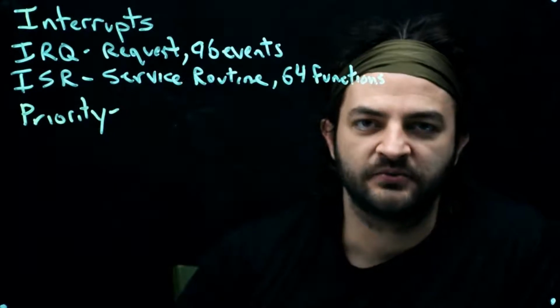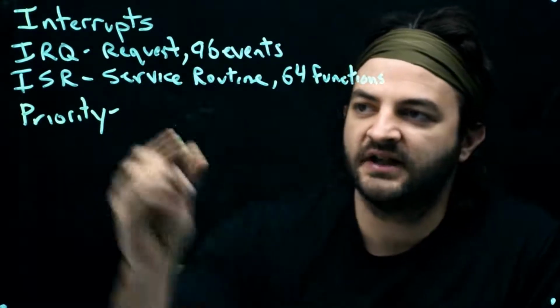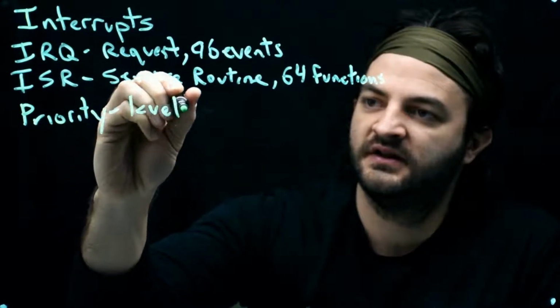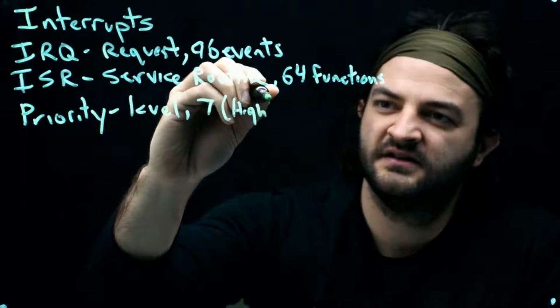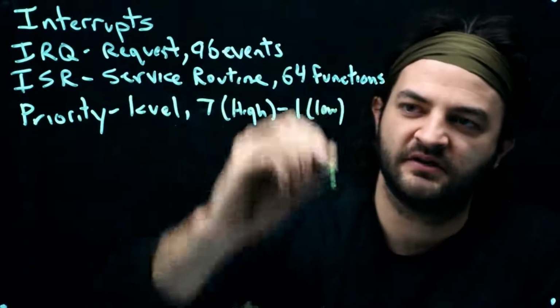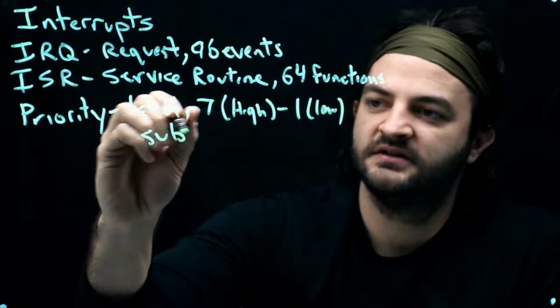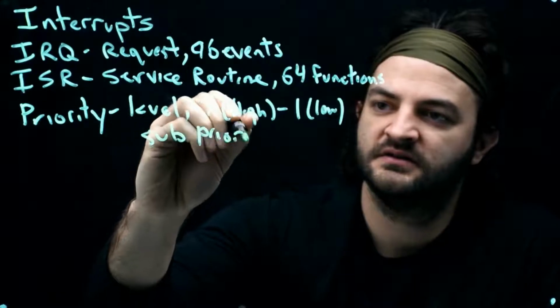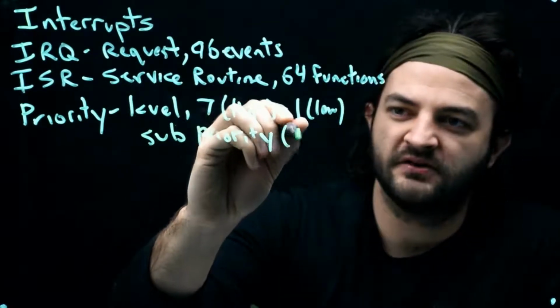Every interrupt, when we declare it and when we make the function, we will give it a priority level. The highest level is 7, down to, let's say, level 1, which is the low. I think there's also a level 0, but we don't use it. And there's a sub-priority as well. There are 4 levels of that, so 4 to 1.